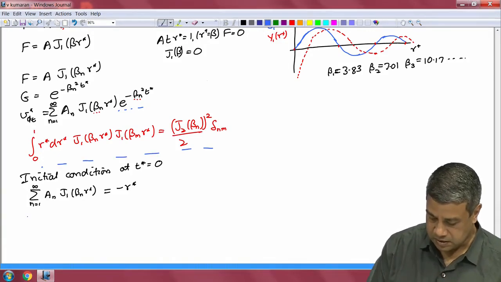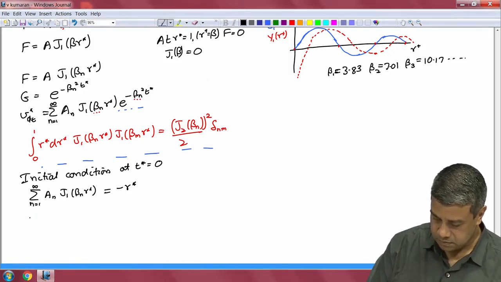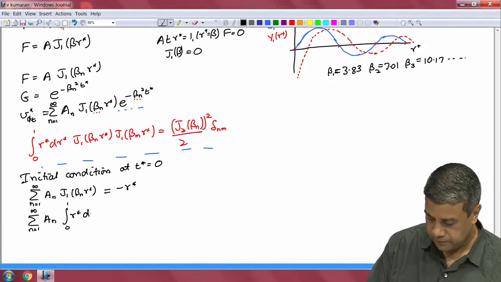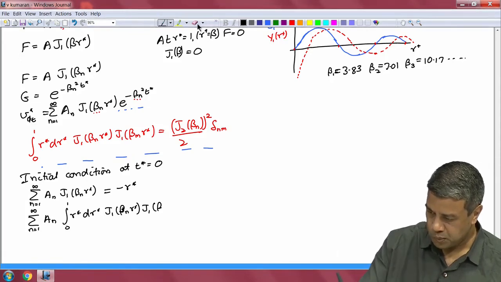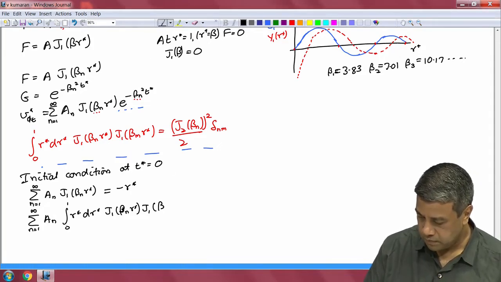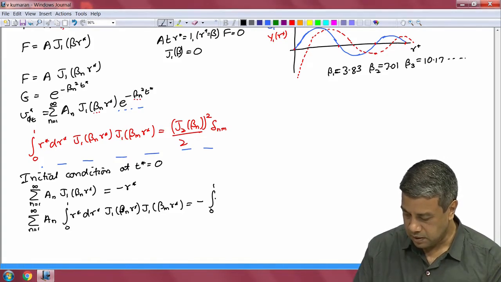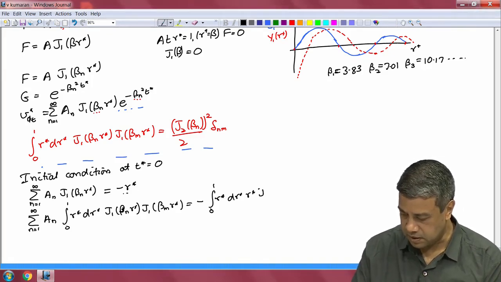That is the summation a n integral 0 to 1 r dr J1 of beta n r J1 of beta m r is equal to minus integral 0 to 1 r dr multiplied by this term here, r star, times J1 of beta m r.